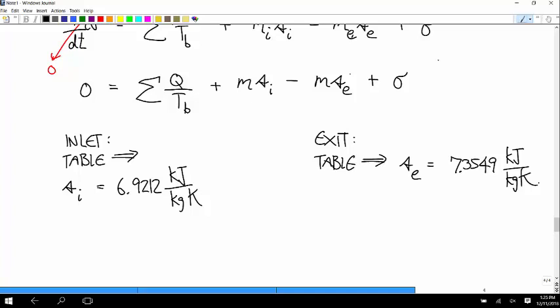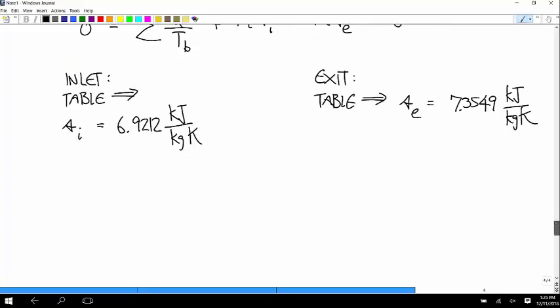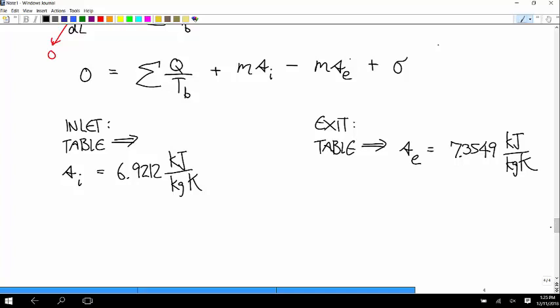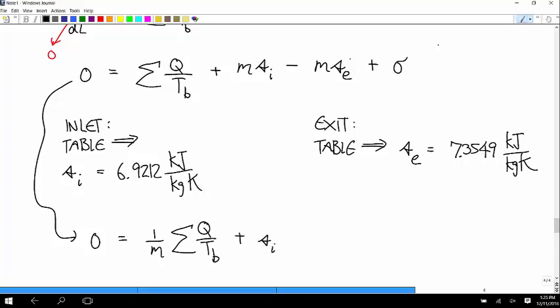All right. So since we're looking for everything per mass, let's divide everything by mass. So we get 0 is equal to 1 over mass times Q over the temperature at the boundary, plus s_i minus s_e, plus sigma over m.